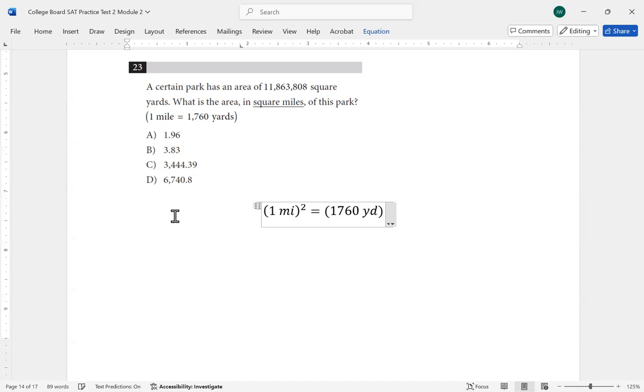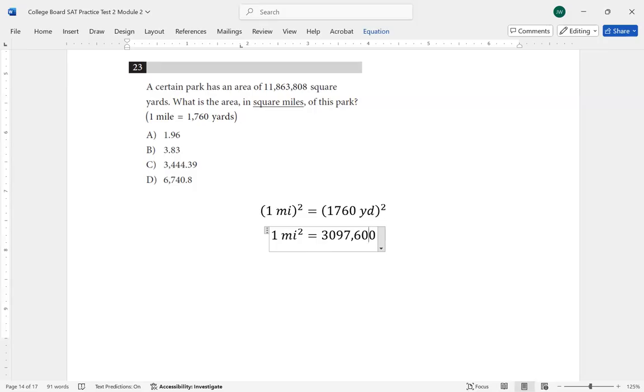conversion to square yards. In other words, squaring the left-hand side gives me 1 square mile. Squaring the right-hand side means it's equal to 3,097,600.